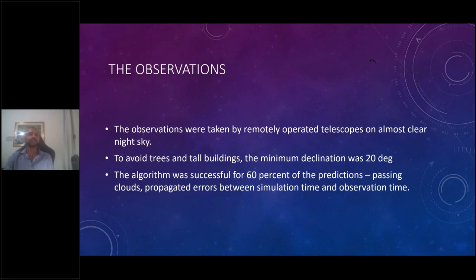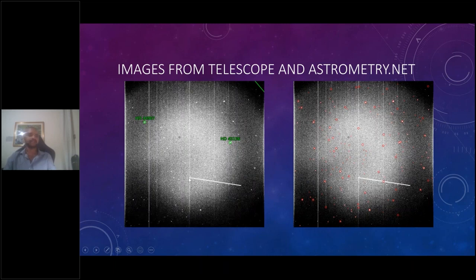Because of this variation, you could also see that the errors are propagated between the TLE generation and the observation time. This is an image that is taken from the telescope initially, and the streak of line that you see here is the satellite.